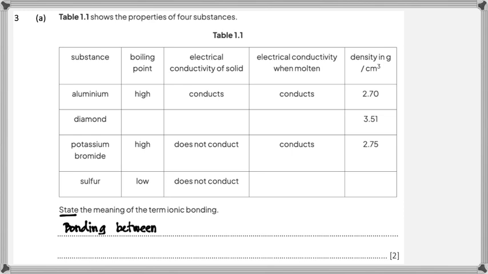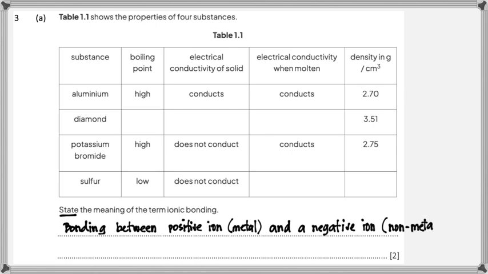Okay, so we'll just write a positive ion, which are normally metals in the periodic table, and a negative ion or non-metals. Okay, non-metals. Or what we call an anion.